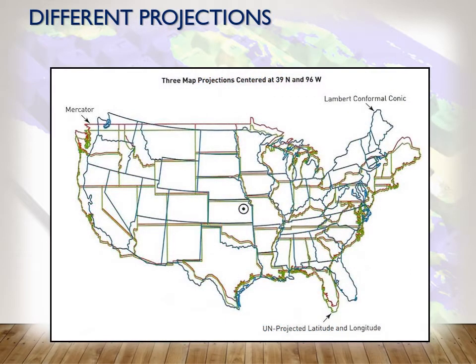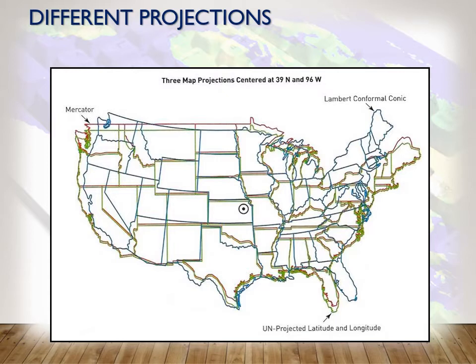Now, when we get into specific projections, you're going to see differences between certain kinds of projections. However, ArcGIS has this feature where it will project your data on the fly. As long as your data set has a correct projection, it'll project it and match it to whatever projection is being used. So you may not always see these subtle differences in projections.